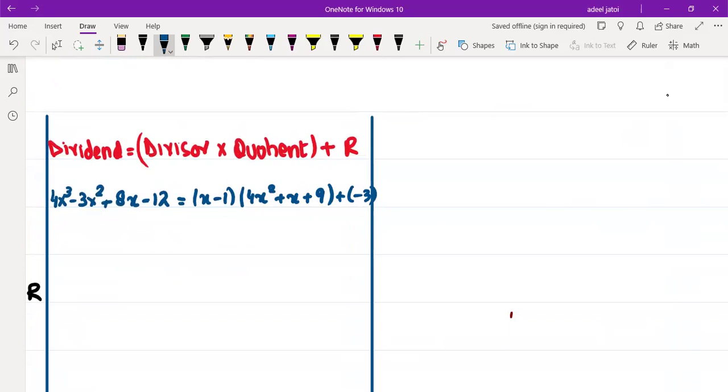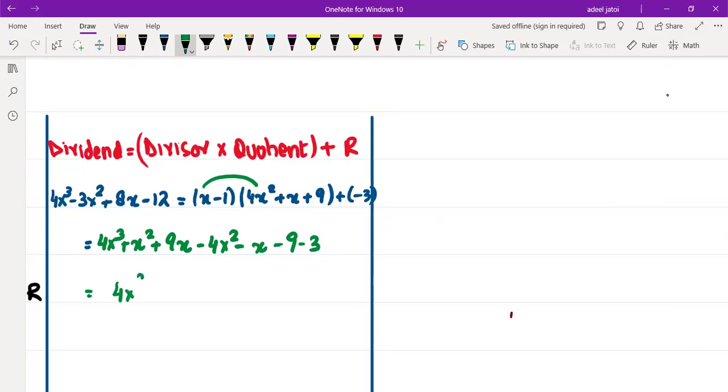So when we multiply x with 4x squared, we get 4x cube; then x squared plus 9x minus 4x squared minus x and minus 9 minus 3.